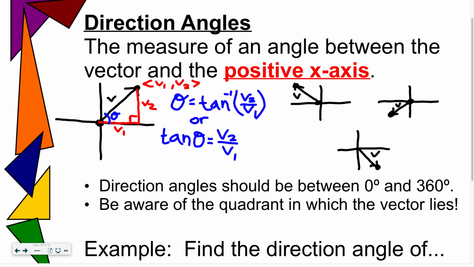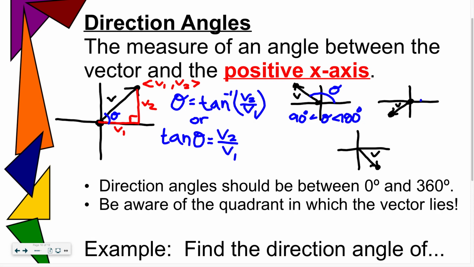If you follow the definition of a direction angle, it's from the vector all the way to the positive x-axis. So think about this angle. If you're in quadrant 2, it has to be between 90 and 180.